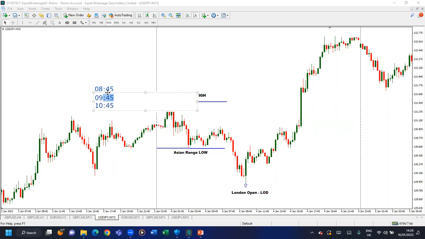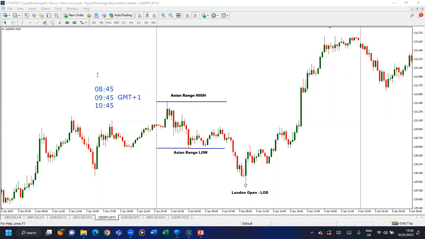These are the times when you should be looking to take entry for either a buy or a sell. Between this time is when the high of the day or the low of the day has been set.